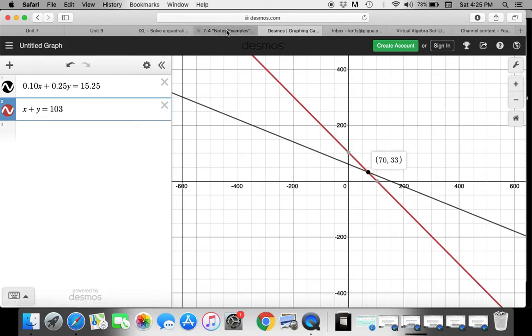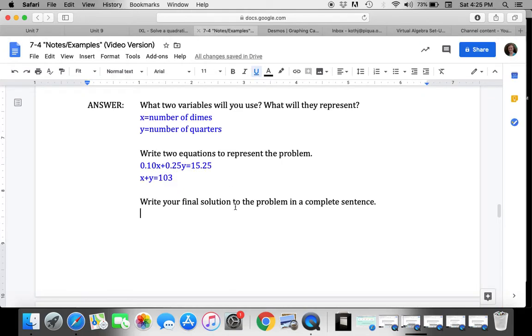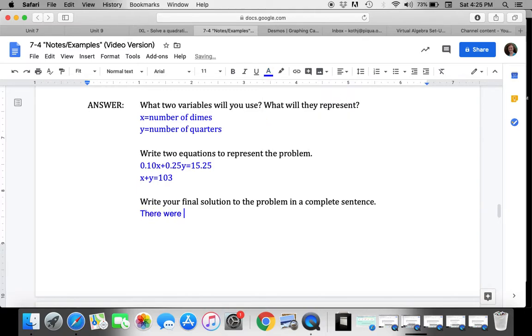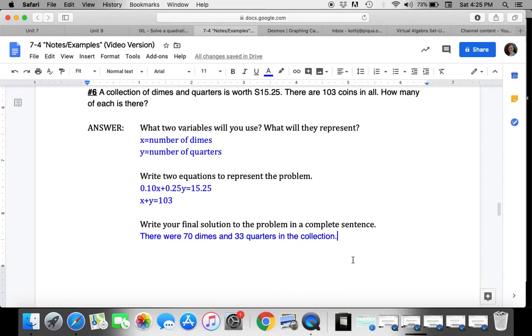There's our intersection right there, 70 and 33. That means that there were 70 dimes and 33 quarters in the collection. And that's the answer for that problem.